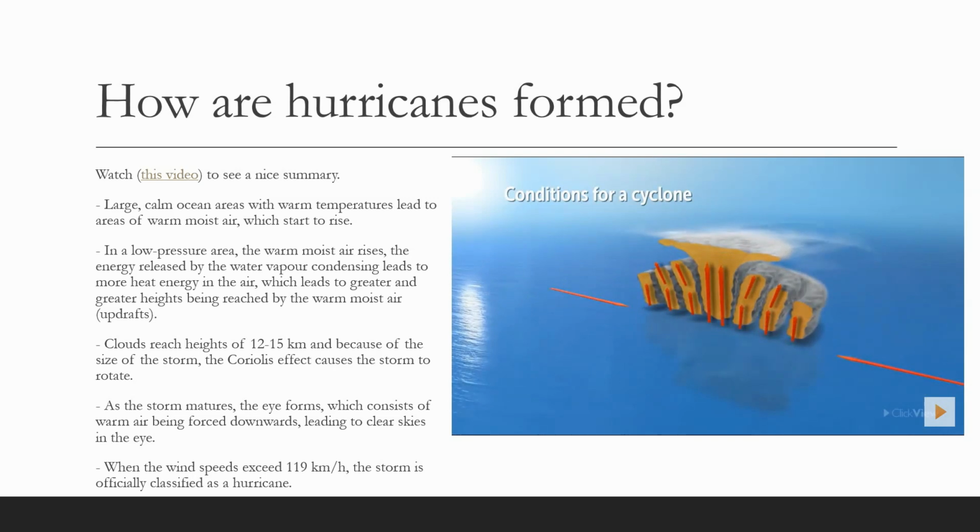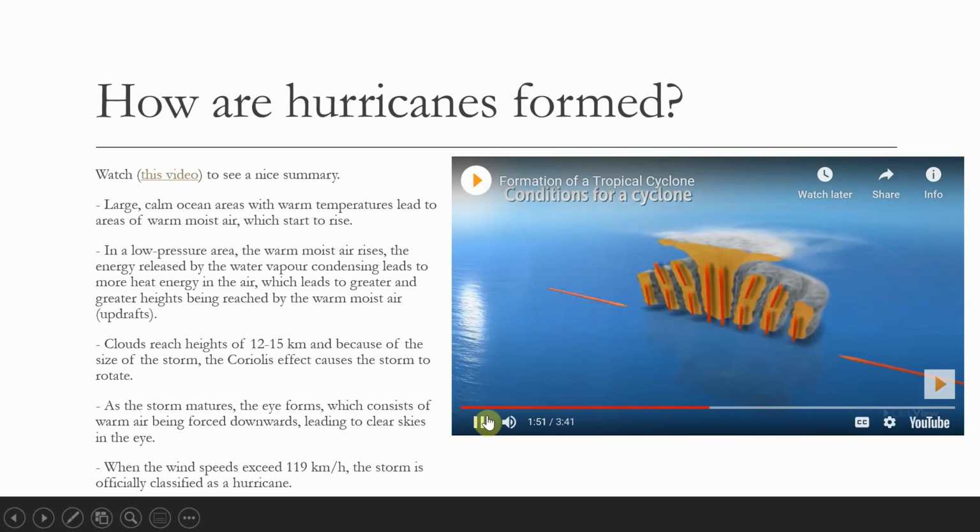Condensation then releases the latent heat energy stored in the water vapor, providing the cyclone with more power. So this is again what I mentioned a few slides ago. When you have that moisture in the air condensing, the moisture itself loses the heat energy as it turns from a gas to a liquid, but that means that the air itself gains that energy. The energy has to go somewhere.